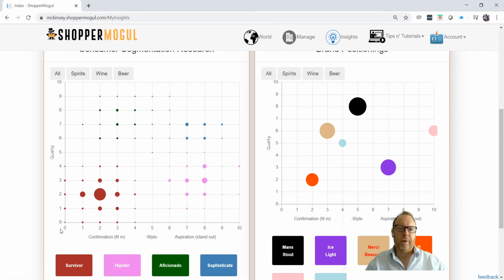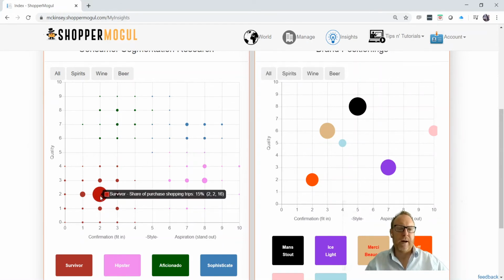What this map is showing is where this demand is coming from compared to the expectations of shoppers, either for the stylishness of the brands they're buying or the quality of the brands they're buying.